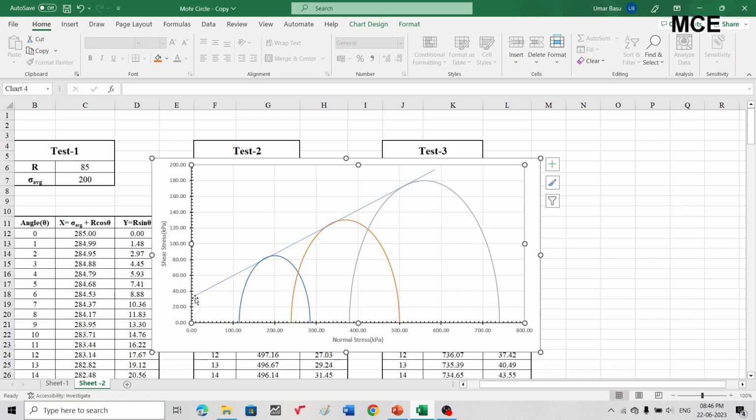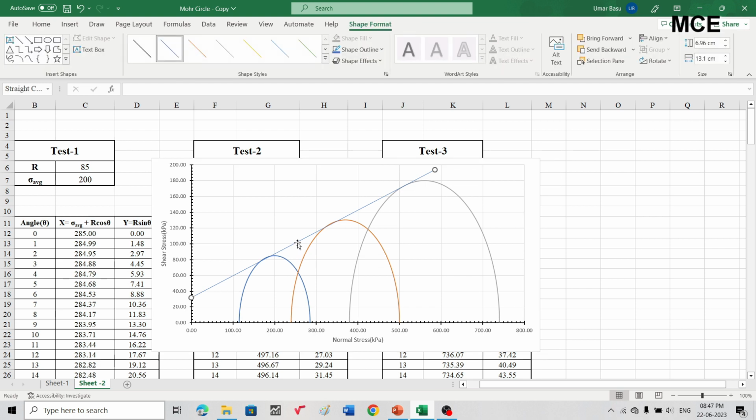We can roughly see that the coordinate for this tangent, that is the point where it touches the vertical axis, is like 0, 34, and the point where it touches the third circle is somewhere between, that is the x coordinate is 540 and the y coordinate is 182. So these are the coordinates of the tangent which touches these three circles.